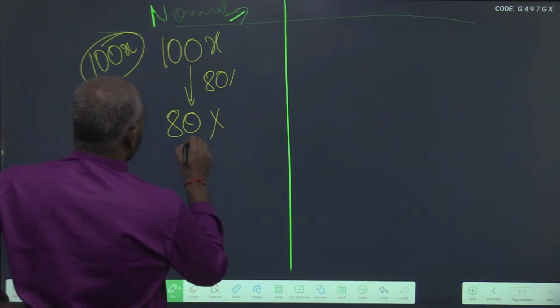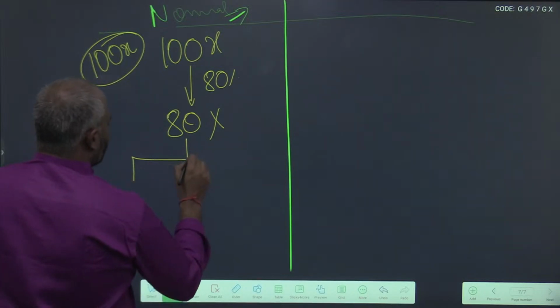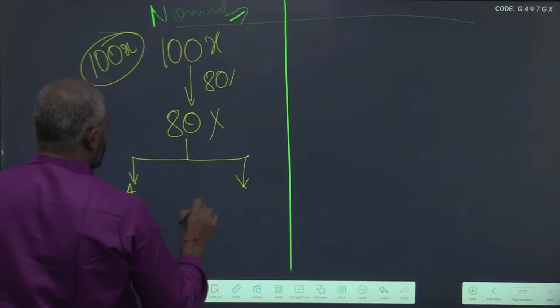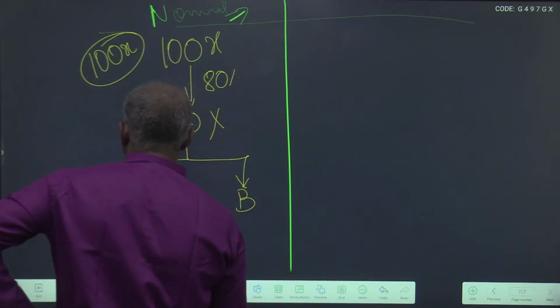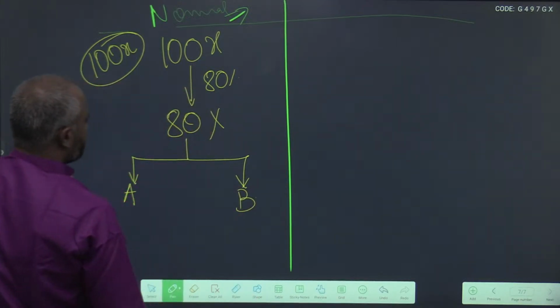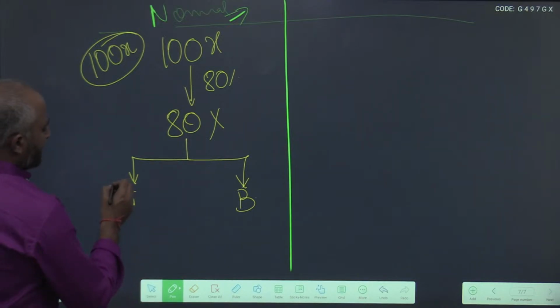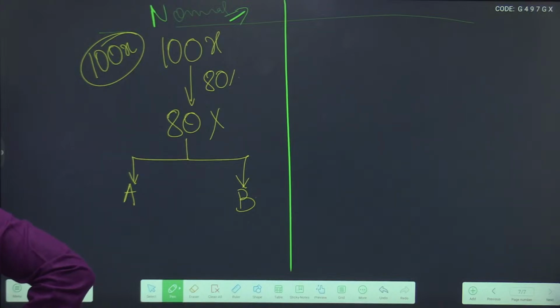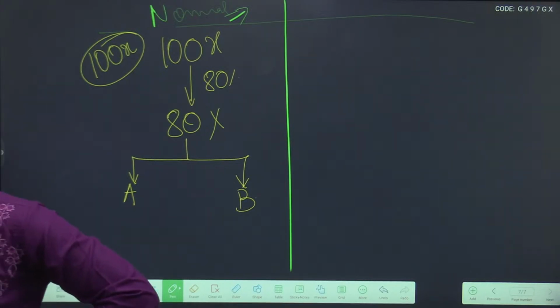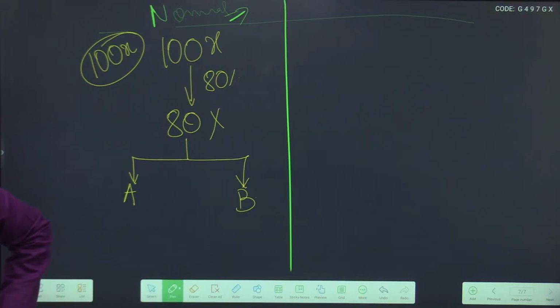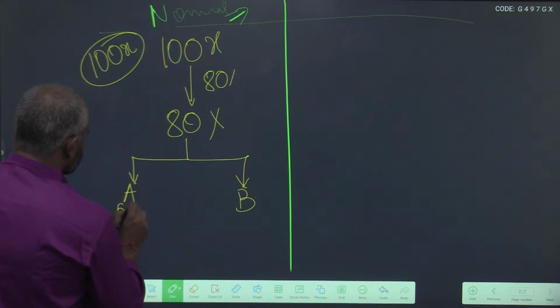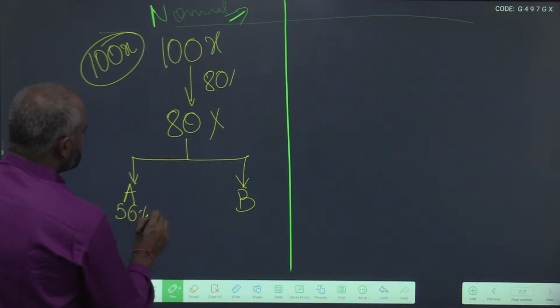These votes were only for two candidates, A and B. Candidate A got 56% of the votes cast, so this is 56% of 80x.